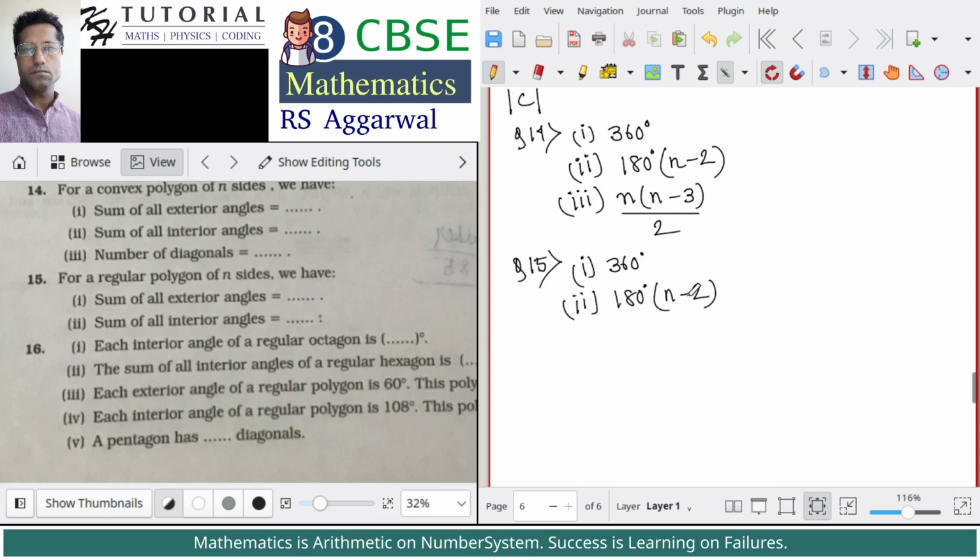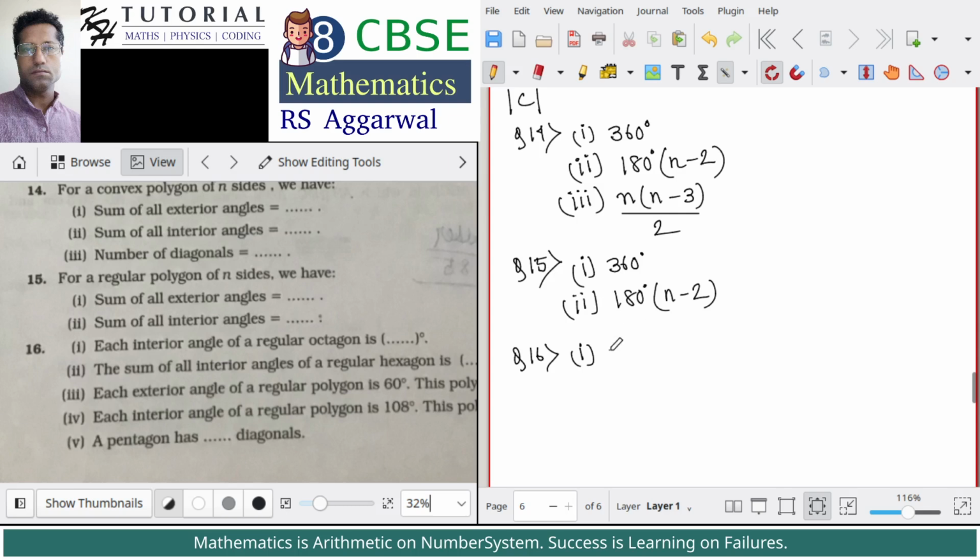Question number 16, part 1. This is also based on a regular polygon. Each interior angle of a regular octagon is how many degrees?